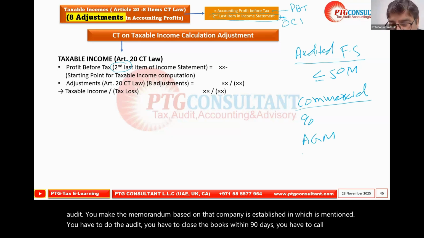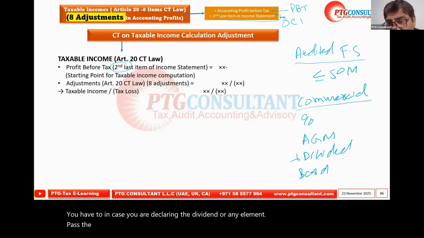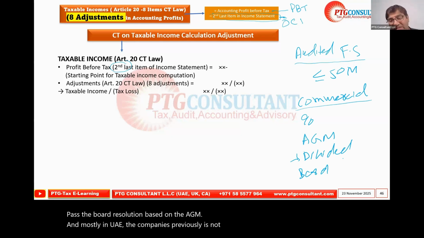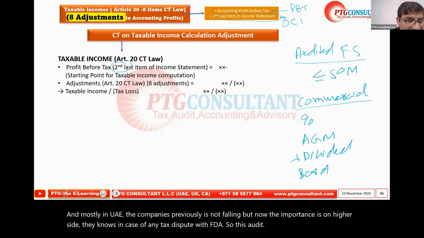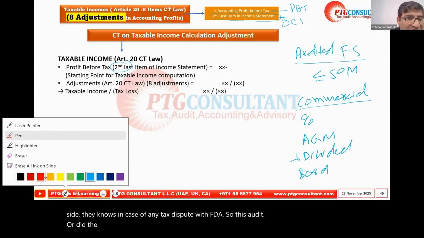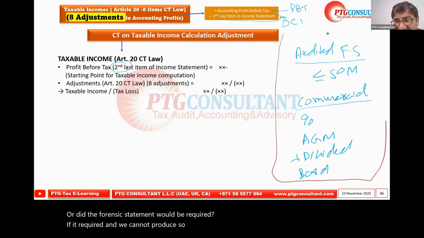In case you are declaring the dividend or any element, pass the board resolution based on the AGM document. And mostly in the UAE, companies previously were not following, but now the importance is on the higher side. They know that in case of any tax dispute with FTA, this audited financial statement would be required. If it is required and we cannot produce it, we will get fines and penalties based on the commercial law.